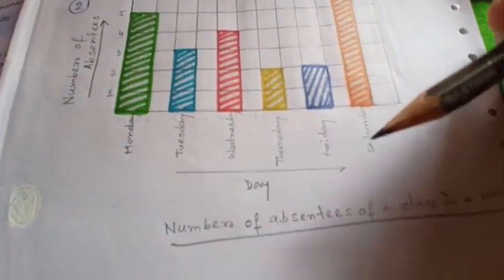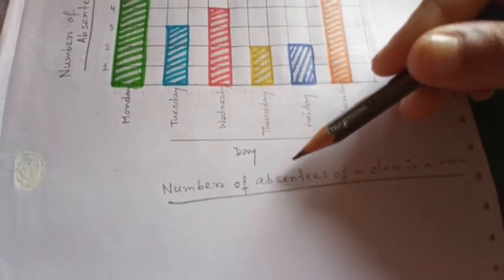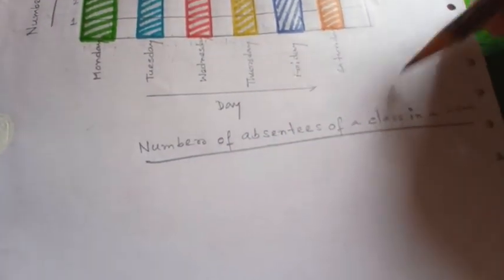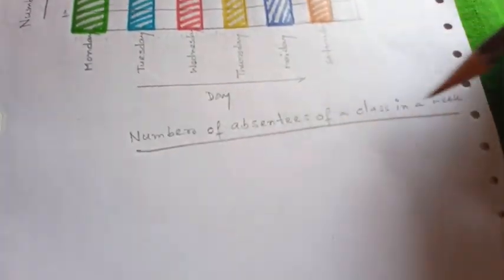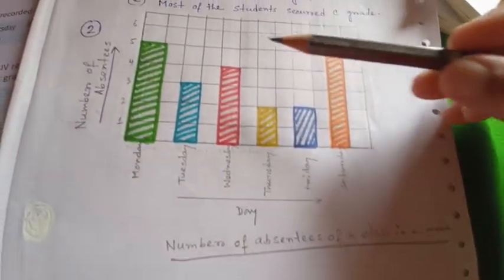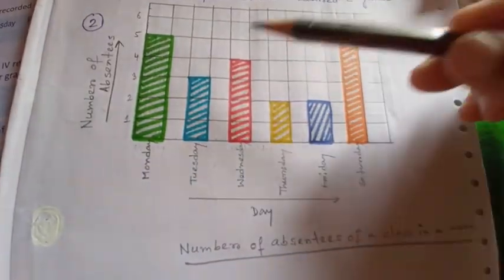So here I have written the title: the number of absentees of a class in a week. When we read this title we can understand what information we get from this bar graph. That's why the title is very important.